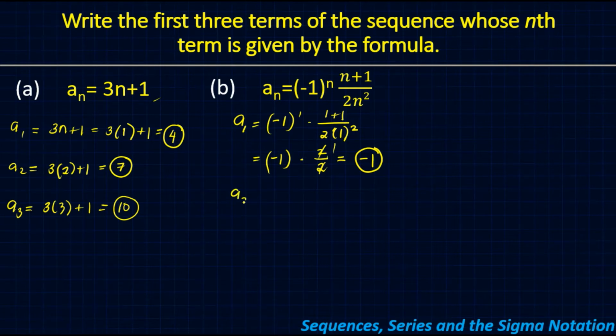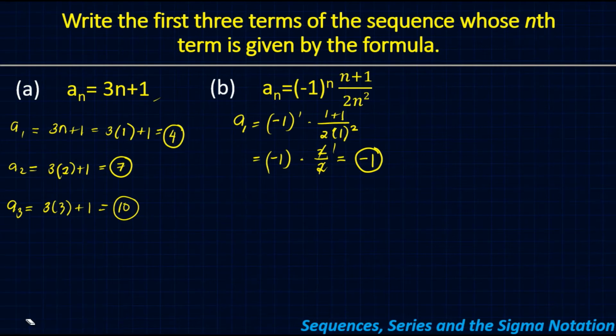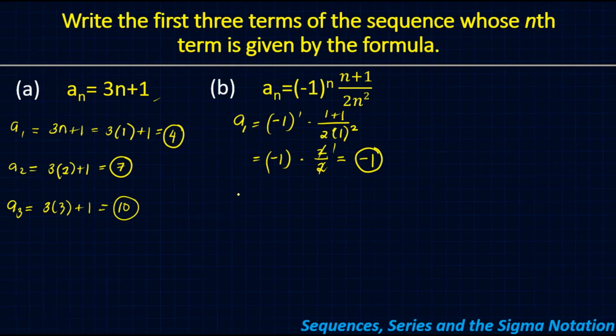For the second term, we will have a sub 2. And we are going to substitute 2 dun sa n uli.